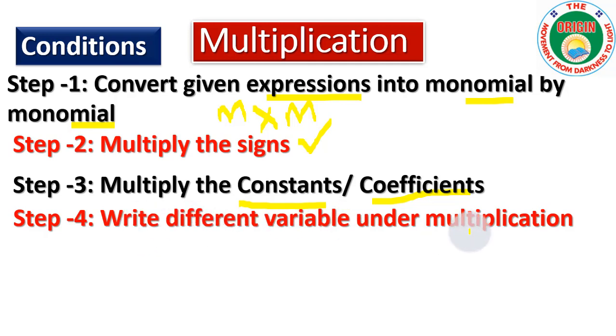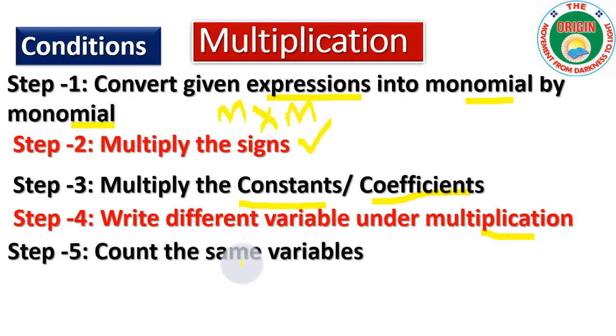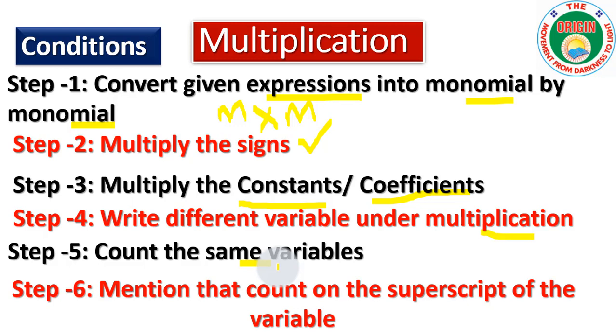write different variables under multiplication first. Next, count the same variables. In that expression, if the same variables are there, count them. Mention that count number on the superscript of the variable, that is at the power place. Example, in the multiplication there are two x, x into x.